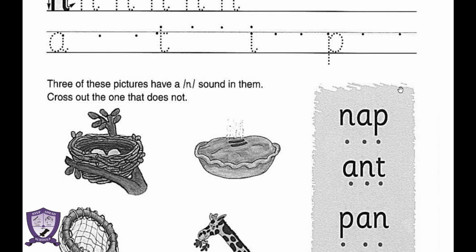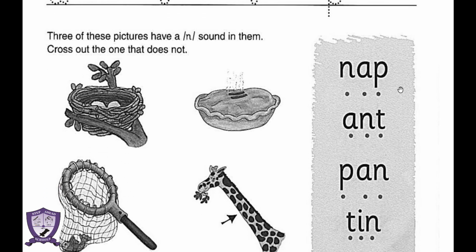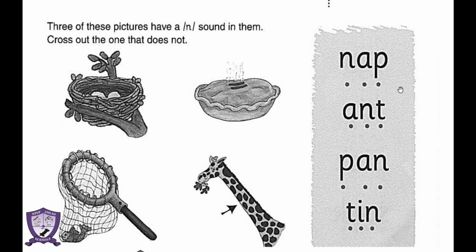Now, last exercise. Look at these pictures. 3 of these pictures have a sound in them. There are 4 pictures, but 3 of them have the sound in them. And what do we have to do?